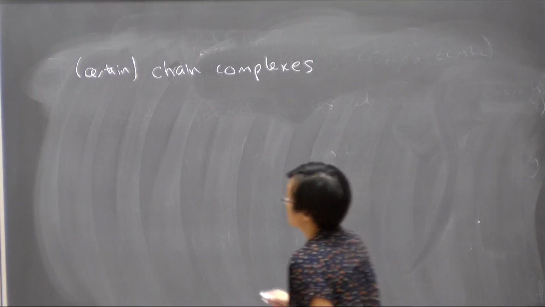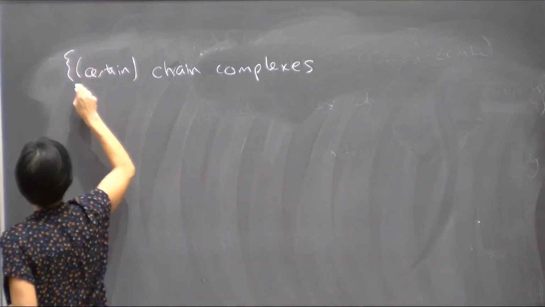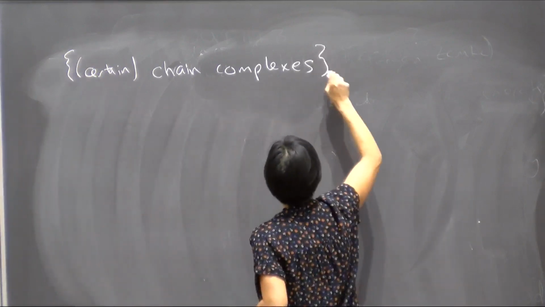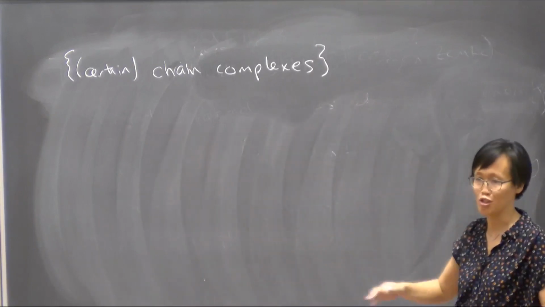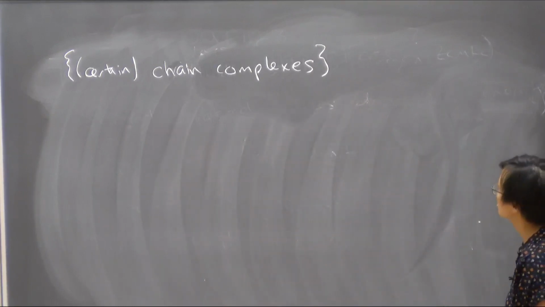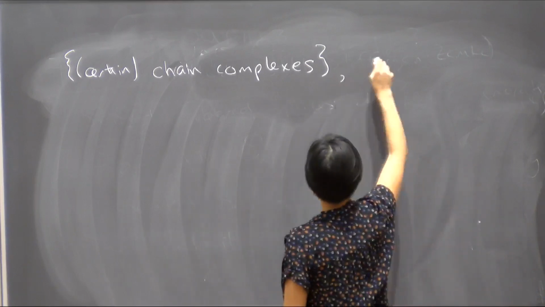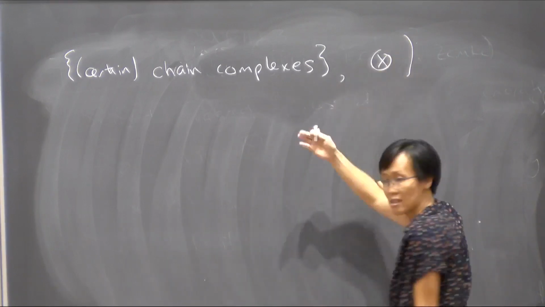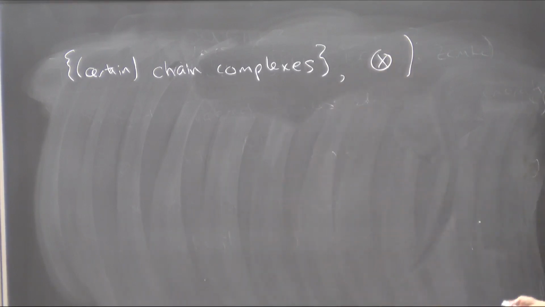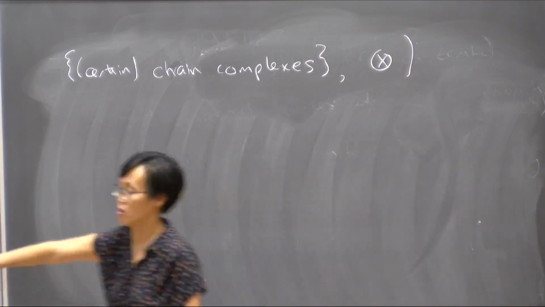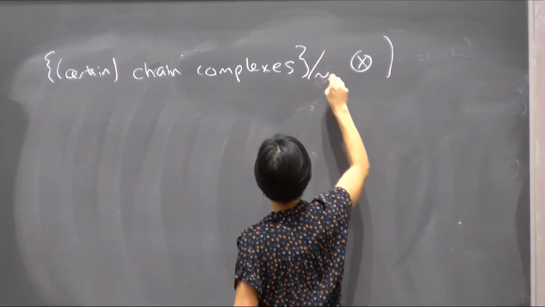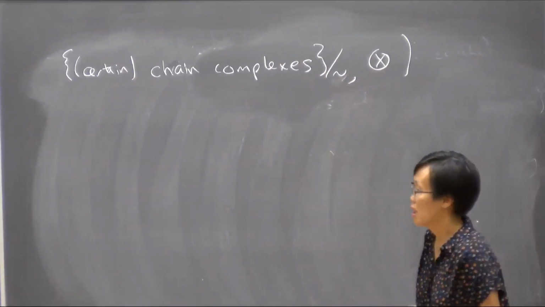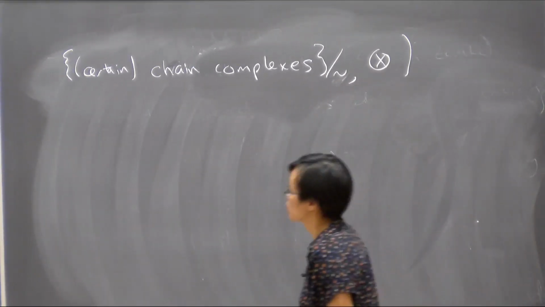Okay. Well, if you look at chain complexes with some extra structure, don't worry about the extra structure too much, chain complexes under tensor product form a monoid. Now we have this equivalence relation, so let's look at chain complexes up to this equivalence relation under tensor product. It turns out that this forms a group.